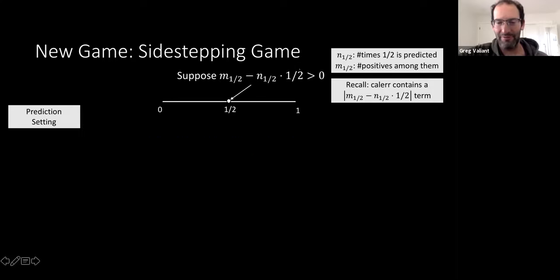Suppose that out of the times we predicted a half, the number of ones is greater than half of the times we've predicted a half.